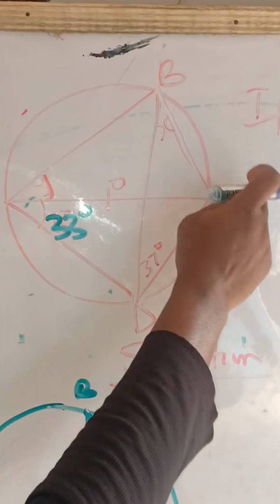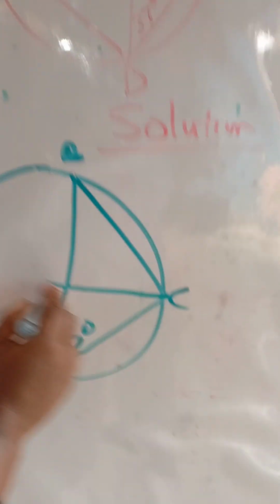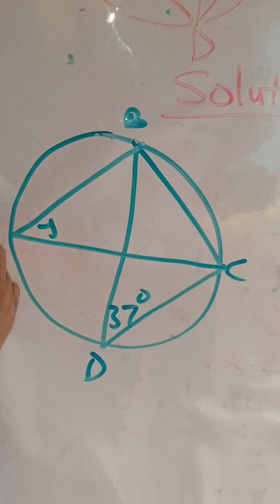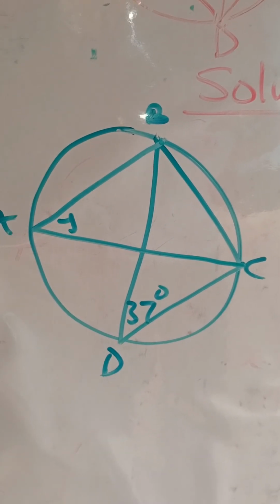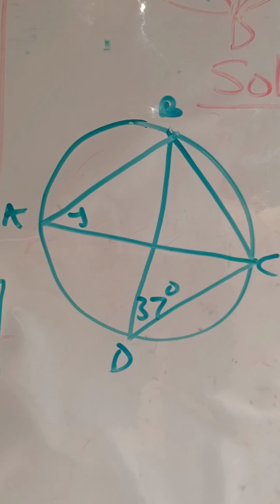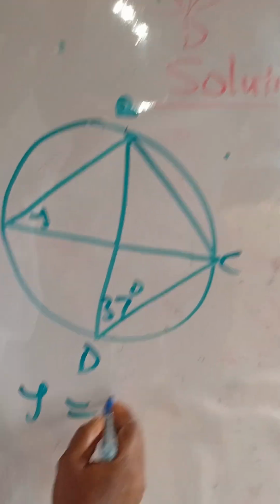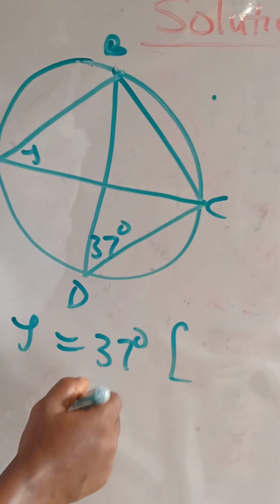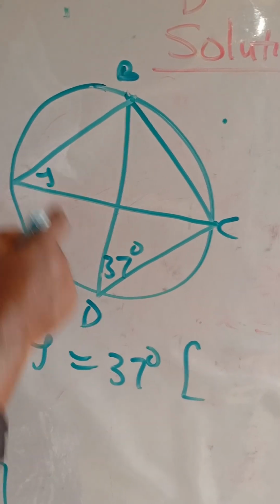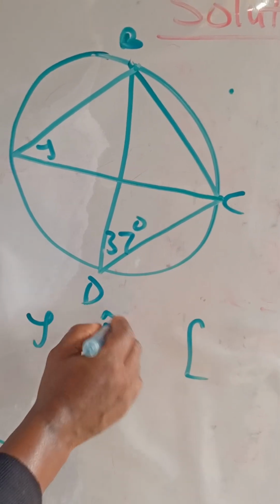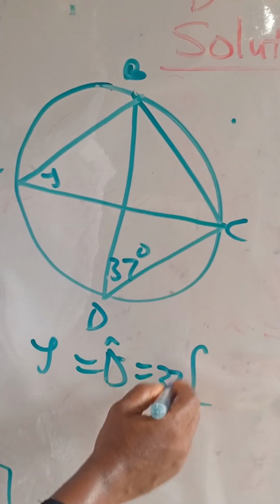If I trace it, I have another angle coming from that chord, which is angle Y. So saying that, I can boldly say that angle Y is equal to 37 degrees. It is equal to angle D. This is D, and that is 37 degrees.